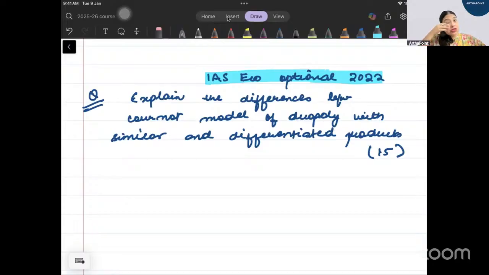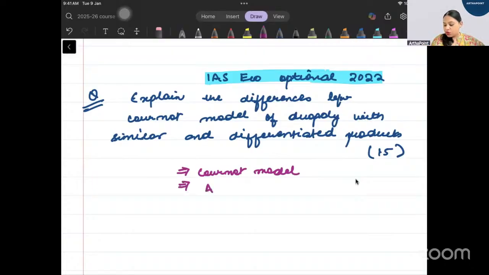You must begin by first telling what a Cournot model is, where firms simultaneously decide the quantity. Then, if you want, you write certain assumptions of the Cournot model.